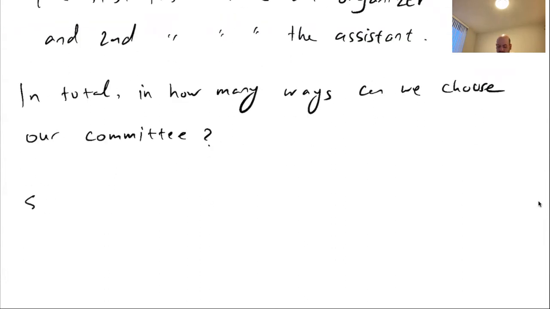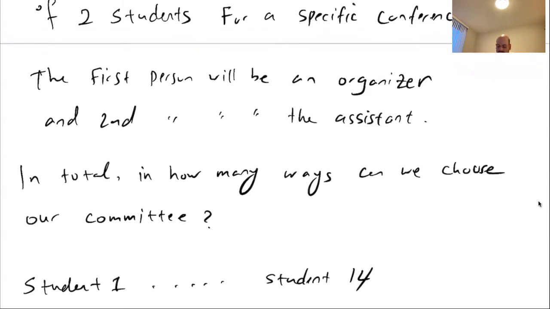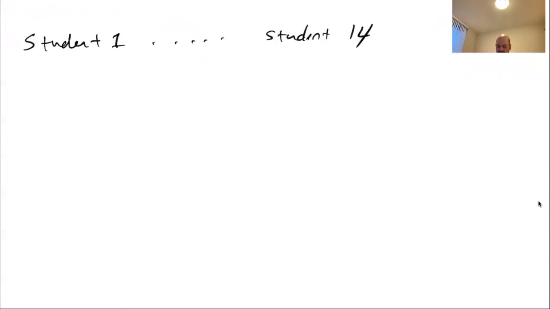Okay, so we have a class with student 1 all the way to student 14. And we want to choose a committee of 2 people. So we will have 2 roles here.